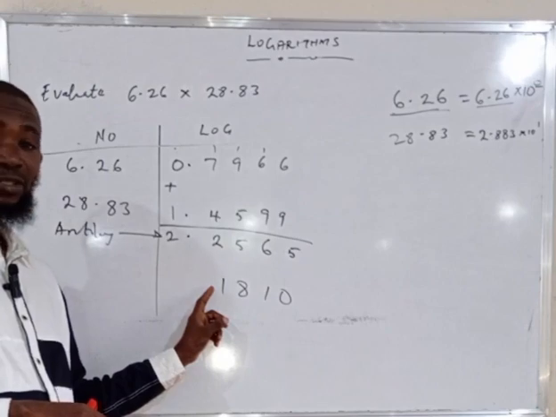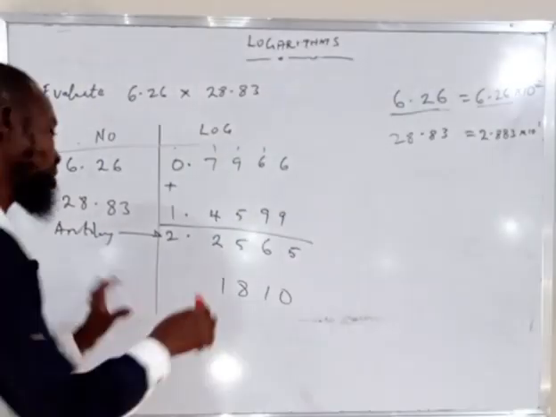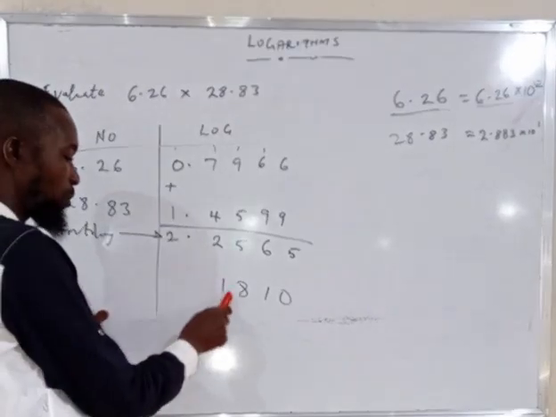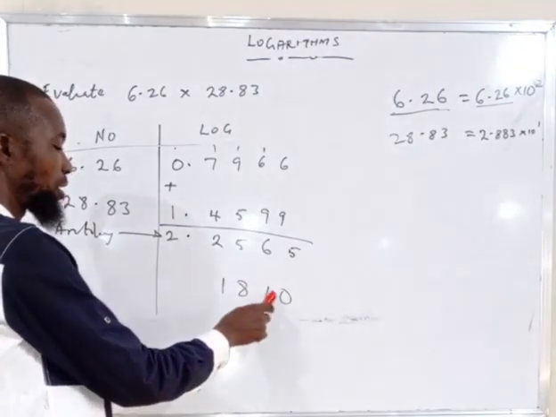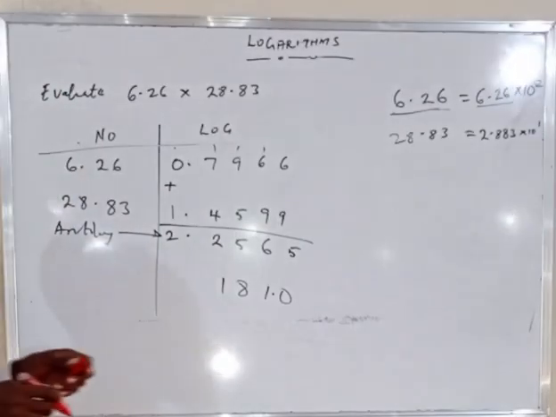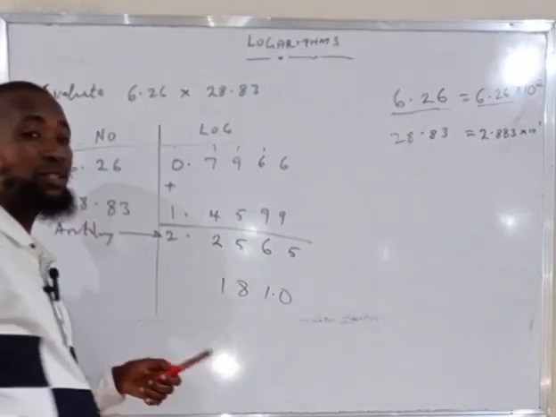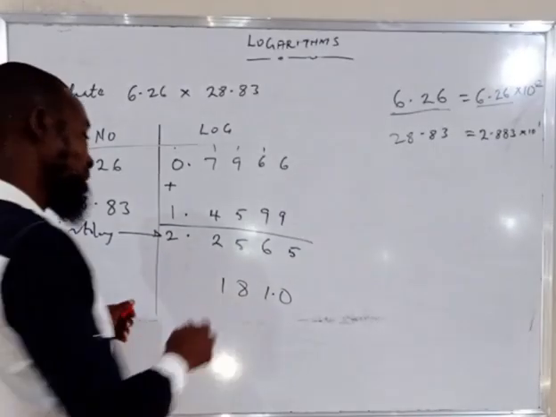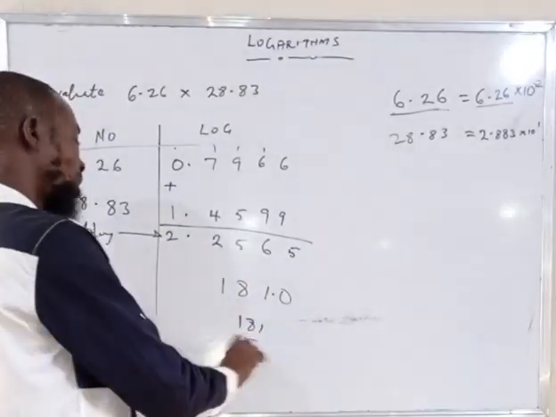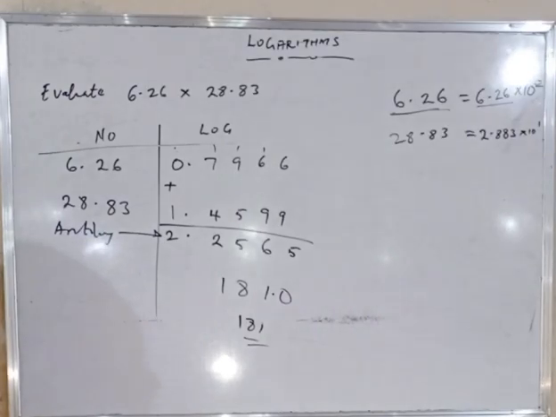Let's do the movements. From here, 1, 2, 3. So the decimal point will now be placed here. And our answer is 181.0. I can as well say my answer is 181. Is that clear?